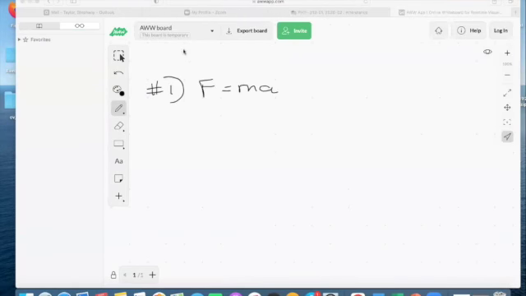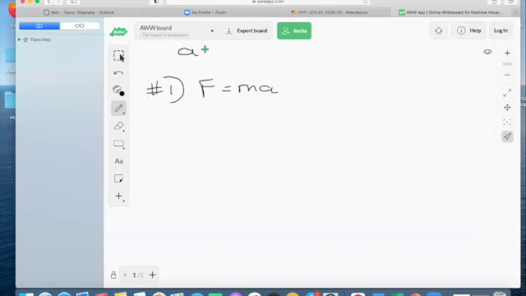Let's put a question mark by A. The mass was 55 kilograms. Since mass is already in kilograms, we don't have to do any conversions, because that is the SI unit for mass.